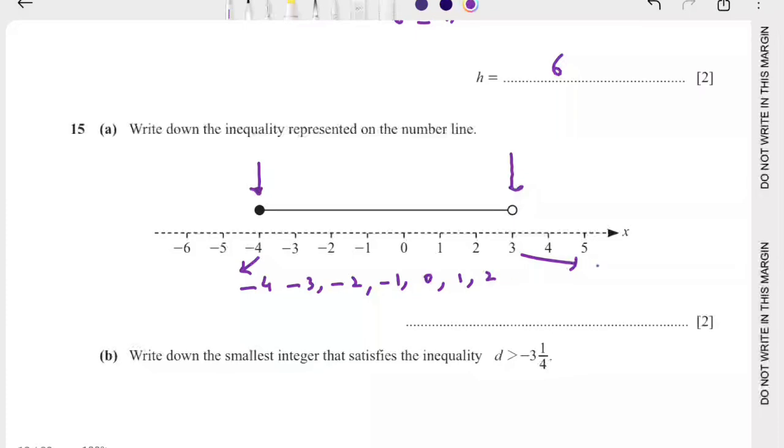So it's not inclusive, and minus 4 is inclusive. So this is the final answer: minus 4, minus 3, minus 2, minus 1, 0, 1 and 2.